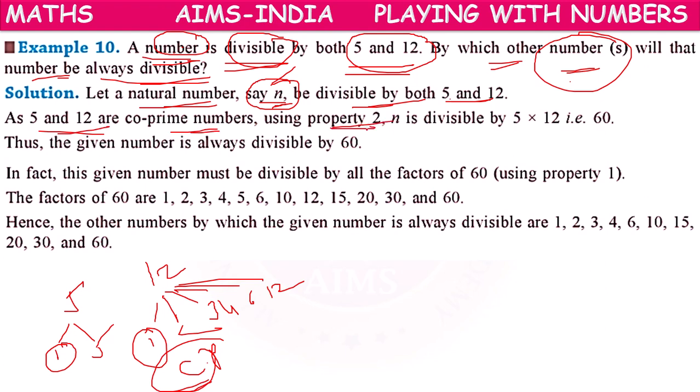So using property 2, if number n is divisible by two co-prime numbers, n is also divisible by their product, 5 into 12, which is 60. n is also divisible by 60. So the given number is always divisible by 60.